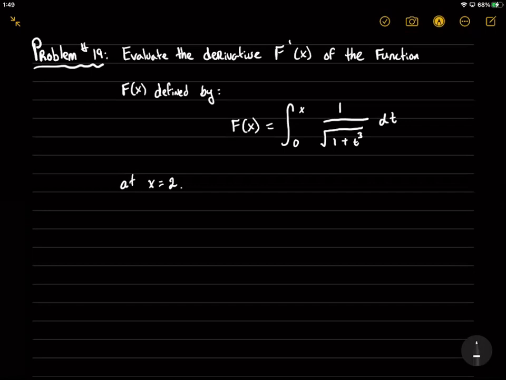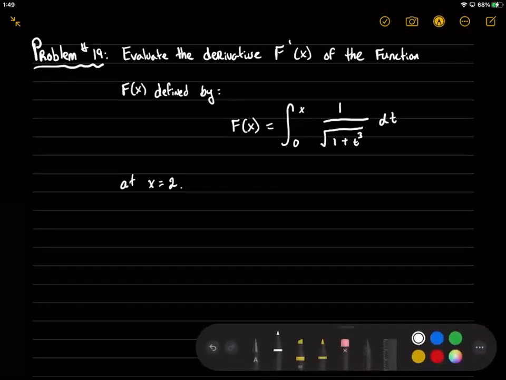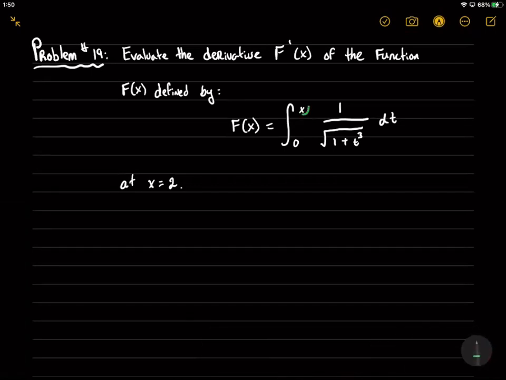So informally, when you take the derivative of your integral, you're plugging in your upper limit of integration, which is x, this variable, for wherever you see a t, right? So f prime of x is going to equal the derivative with respect to x of this given integral from 0 to x of 1 over the square root of 1 plus t to the third dt.